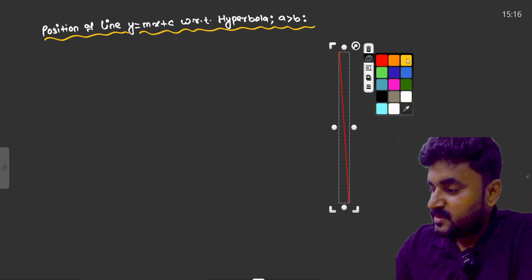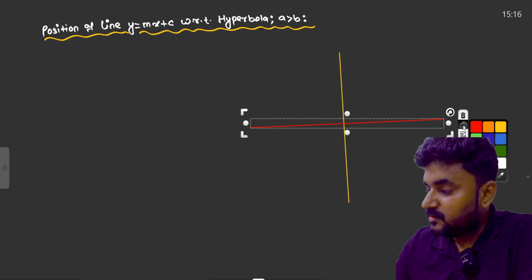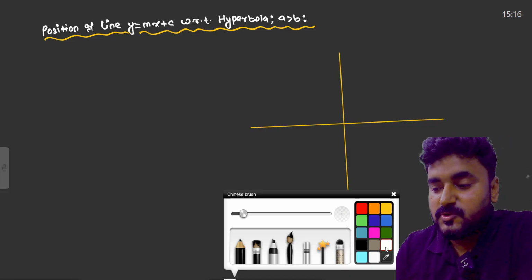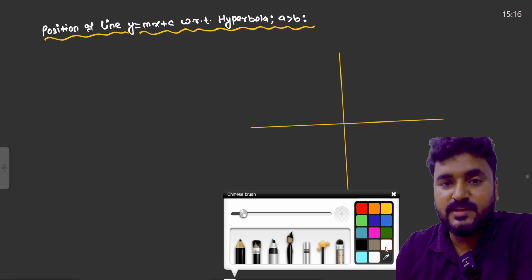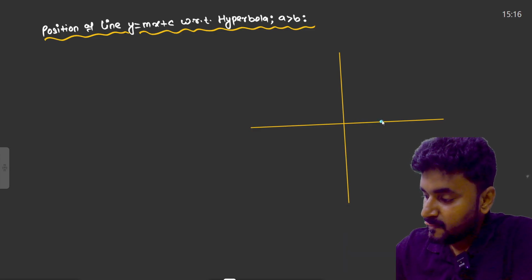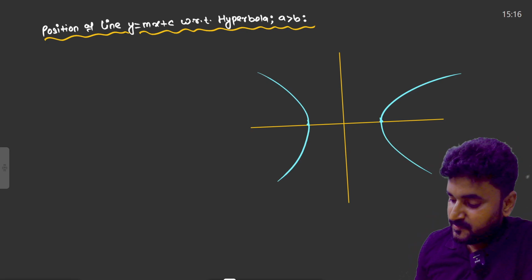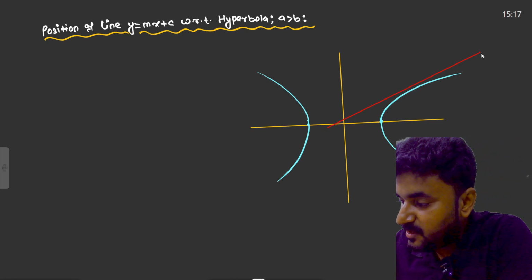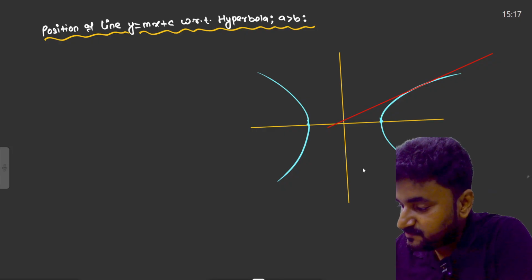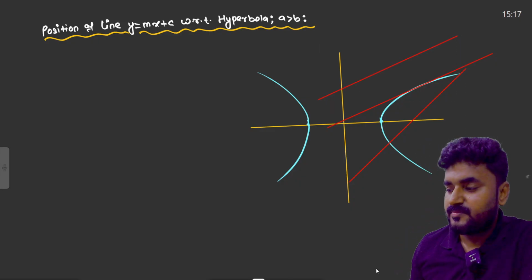So just watch, this is your hyperbola. Now we want to find the position of the line y equals mx plus c with respect to the hyperbola when a is greater than b. So my hyperbola I have taken with a greater than b. For this first hyperbola only I am taking. Now the line will either be a tangent, or it will intersect, or it will be neither intersecting nor touching.